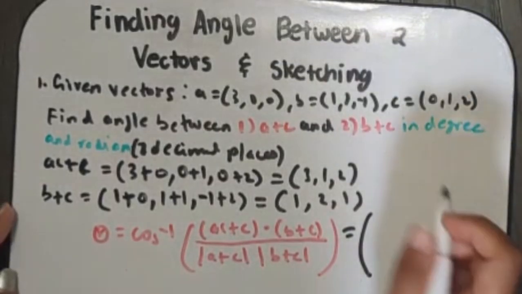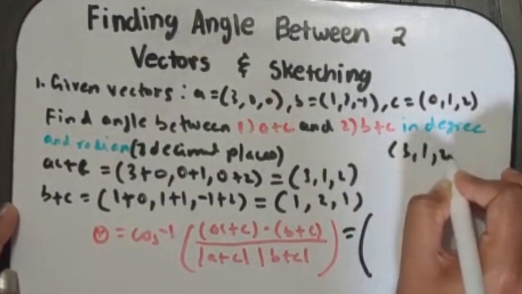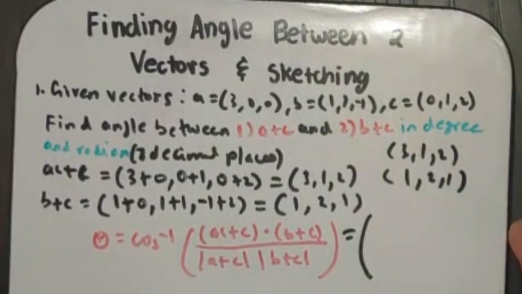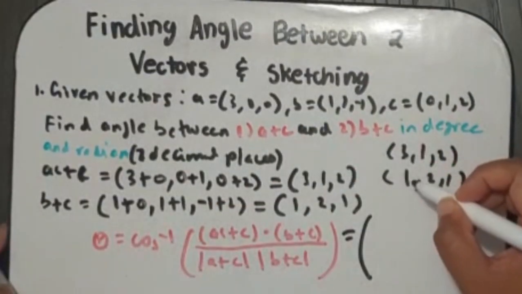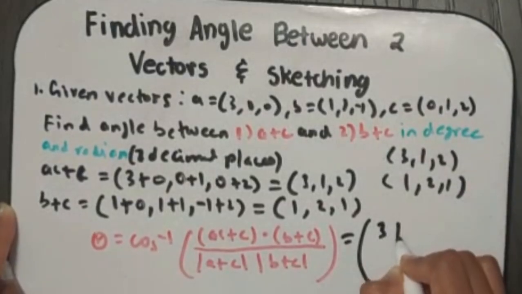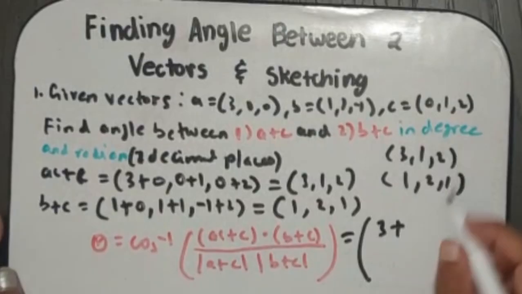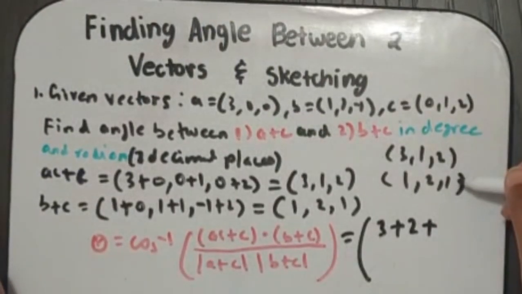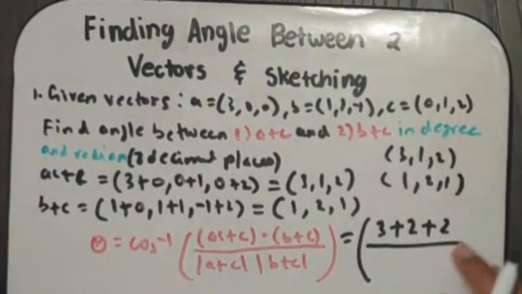In this case, we have (3, 1, 2) and (1, 2, 1). First we multiply the first components, so 3 times 1, which is 3. Then we add the second components, 1 times 2, so plus 2. Then we add 2 times 1, the last component, so plus 2. And that's our dot product, which we will calculate.